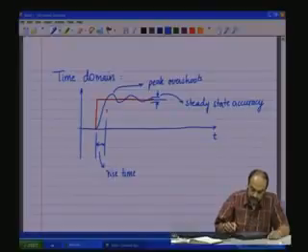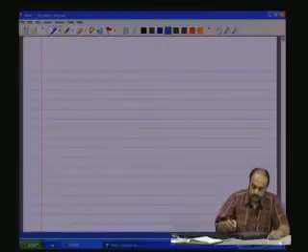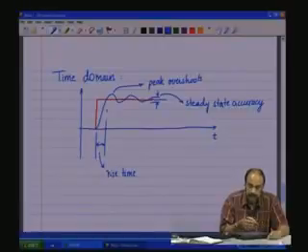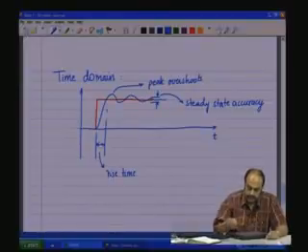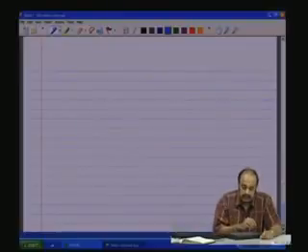In the frequency domain, the information that is not directly evident in the time domain is the harmonic contents, the frequency spectrum, and how the gain of the system varies with frequency. These are some of the characteristics which cannot be obtained directly from the time domain response.